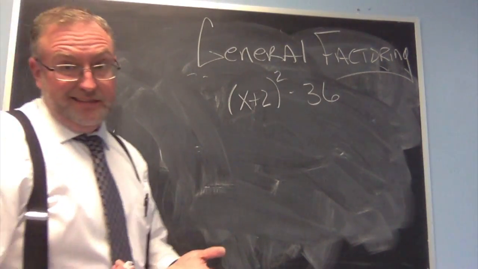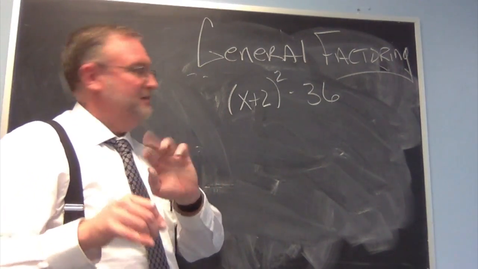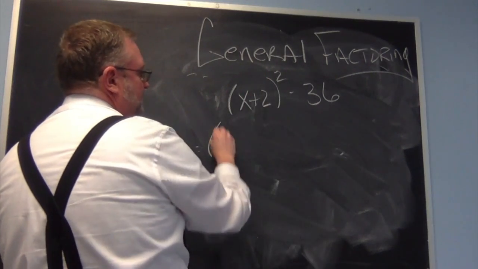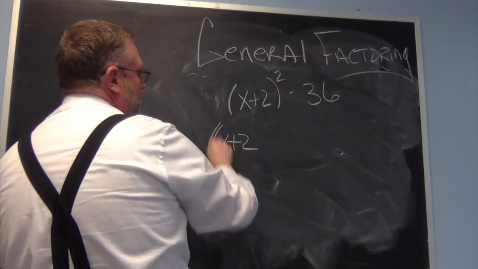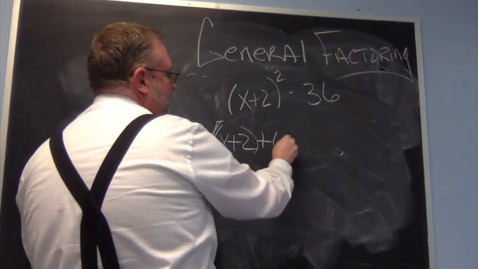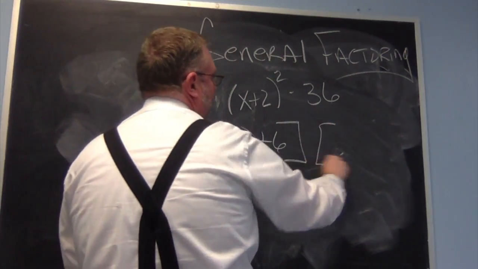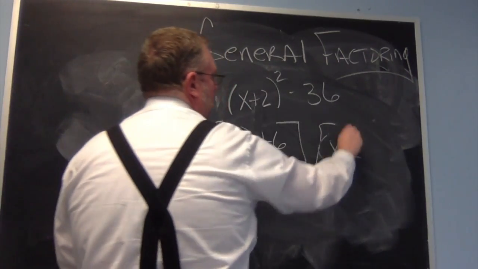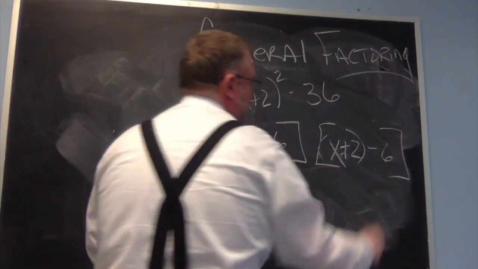So as odd as this is going to look, watch it, all right? So you're going to have parentheses. Since you have 2 of these, you're going to put x plus 2, still in its, I guess we should use really a bracket. Then plus 6. And then x plus 2, because that's twice, minus 6.